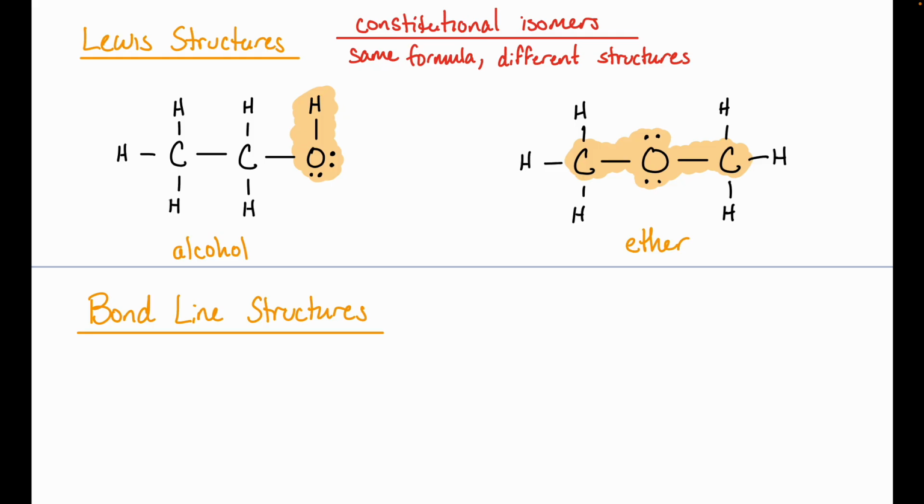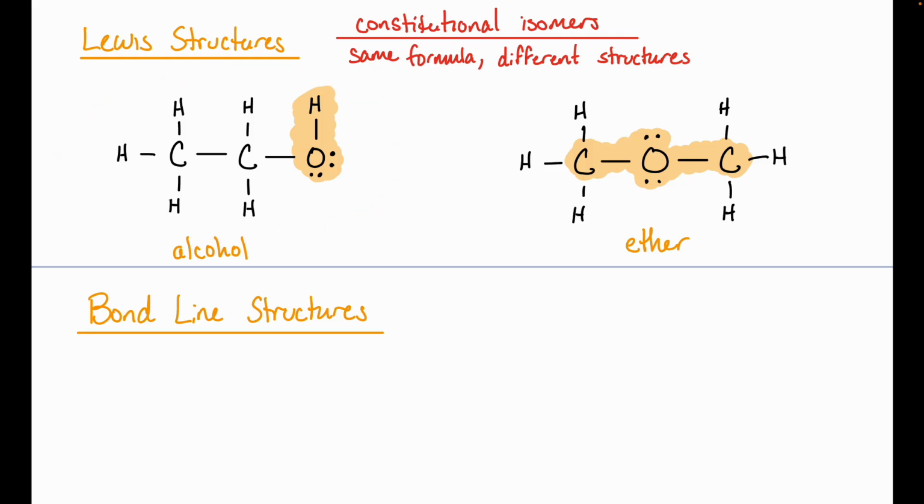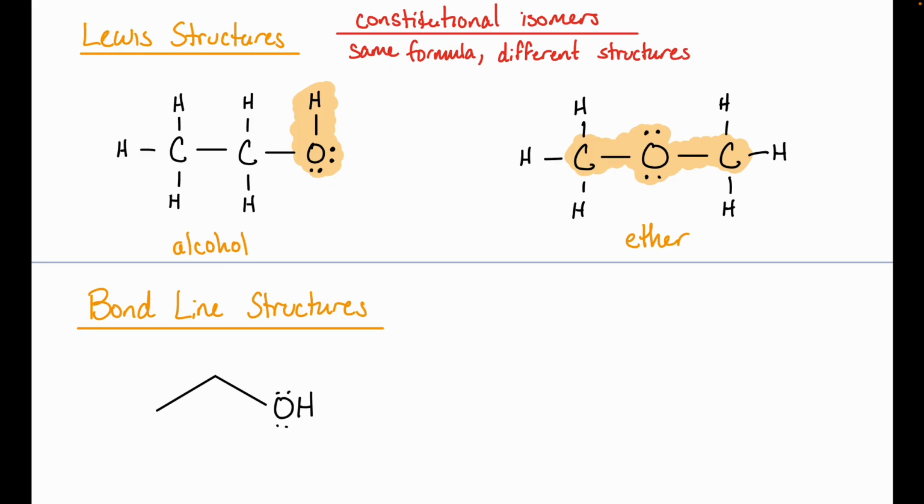So if I'm going to make a bond line structure out of this molecule here, ethanol, I'm going to have two carbons, 1, 2, and my OH group. My heteroatoms, I should say my heteroatoms and their hydrogens, are explicitly represented in our bond line structures. So this is the same molecule, ethanol, just represented in this bond line structure.